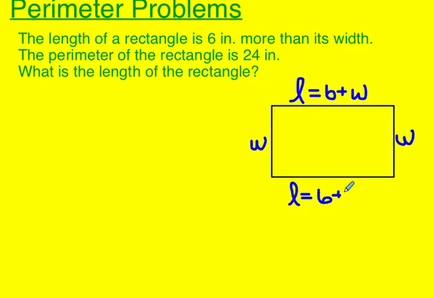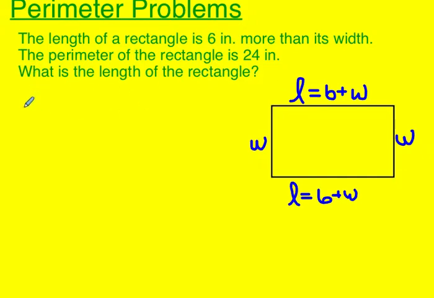Now notice how I have the ability to describe every side of my rectangle with something that has to do with W. That's valuable to us because we do not yet know how to solve equations that have two different variables in them. So now I can just use W in my equation. Perimeter is all of the sides added together.